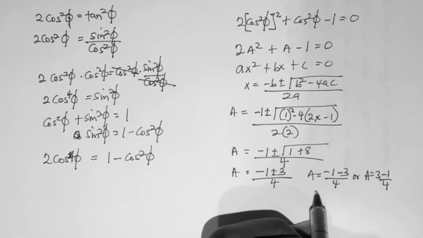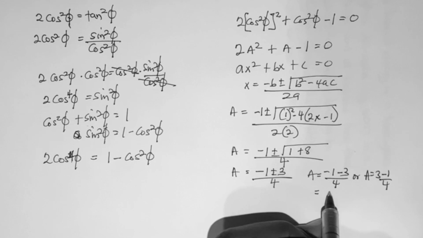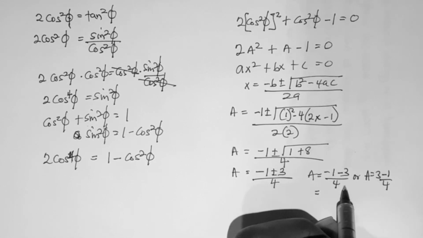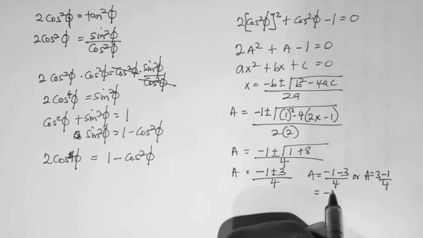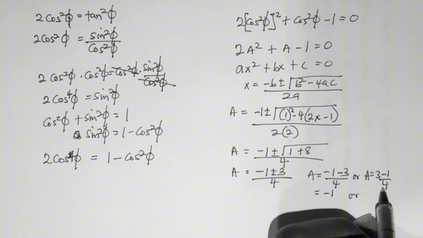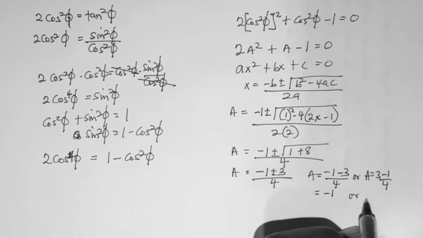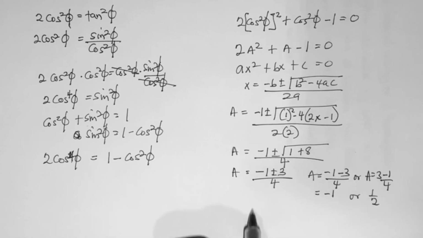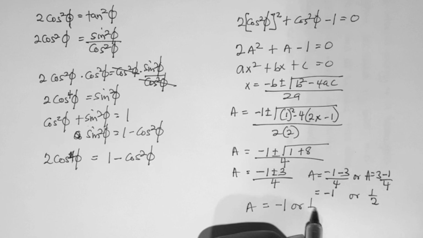So for this one, minus 1 minus 3 is minus 4 divided by 4, which becomes minus 1, or 3 minus 1 is 2, and 2 divided by 4 is 1 over 2. So the values of a are a equals minus 1 or 1 over 2.